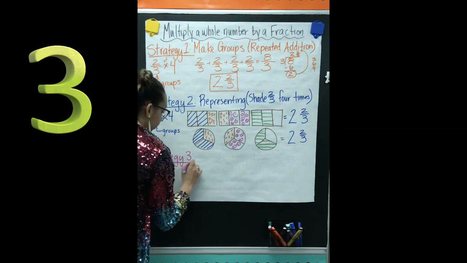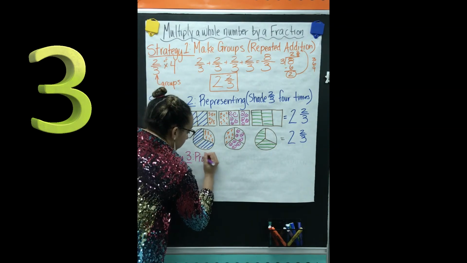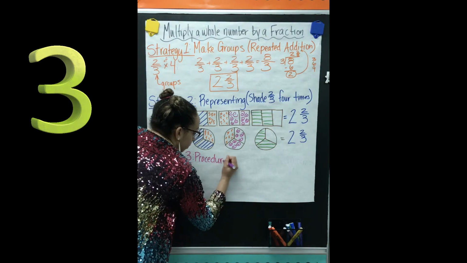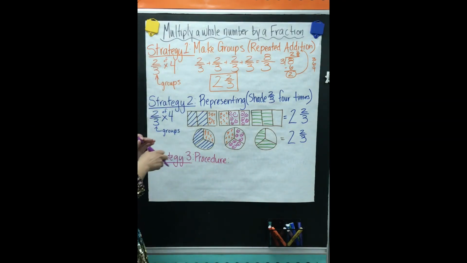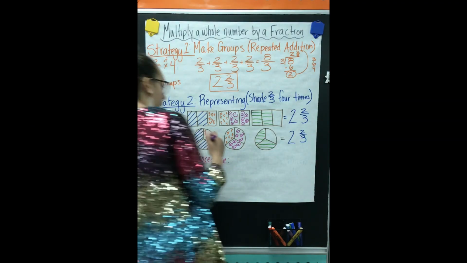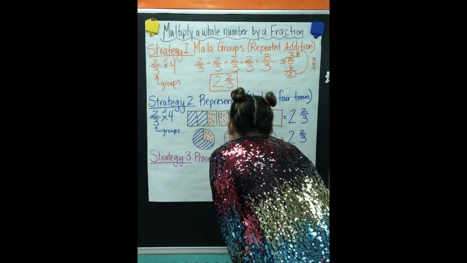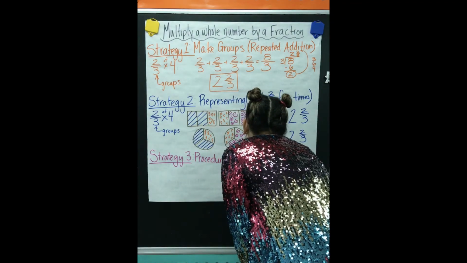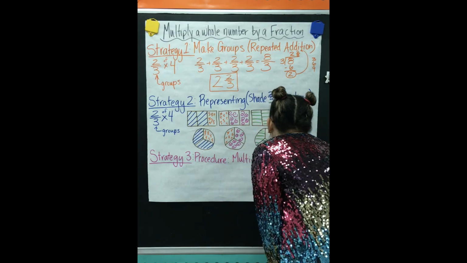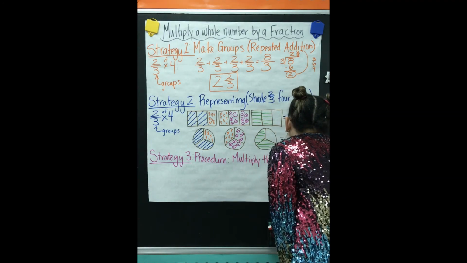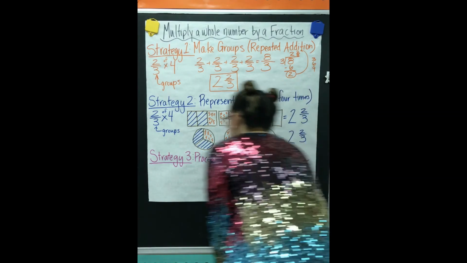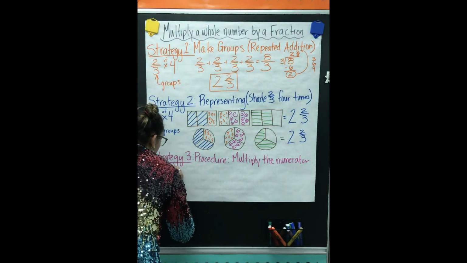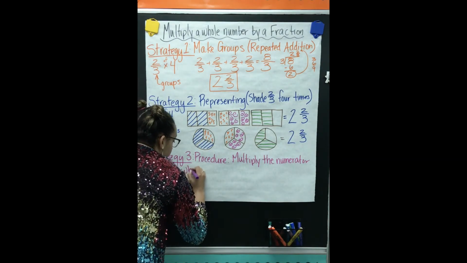Strategy 3, the procedure. So the first thing you do is you are going to multiply the numerator by the whole number.